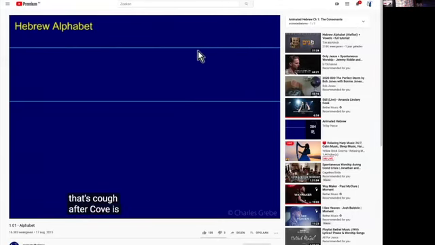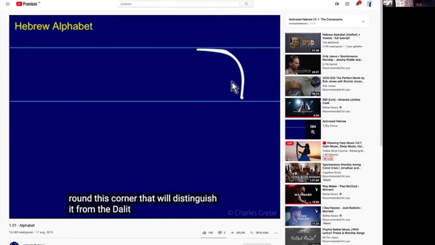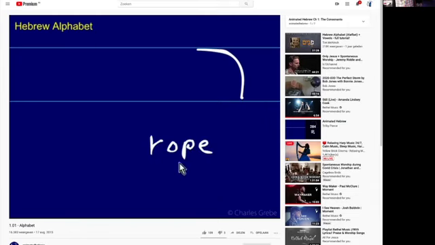After Kof is Resh, and Resh is shaped like this. Remember to round this corner. That'll distinguish it from the Dalet. Resh is the R sound, as in rope. Resh.